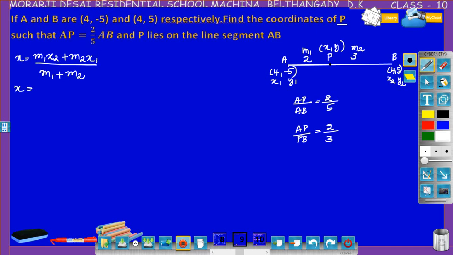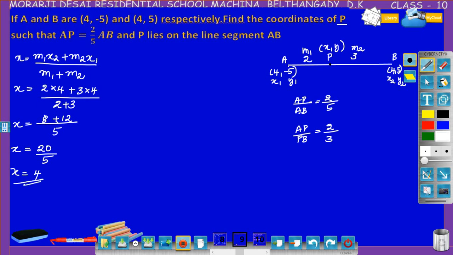So x is equal to, what is m1? 2 into 4 plus 3 into 4 divided by m1 plus m2, that is 2 plus 3. So x is equal to 4s are 8, 3 4s are 12 divided by 5. X is equal to 20 by 5. So x is equal to 4.